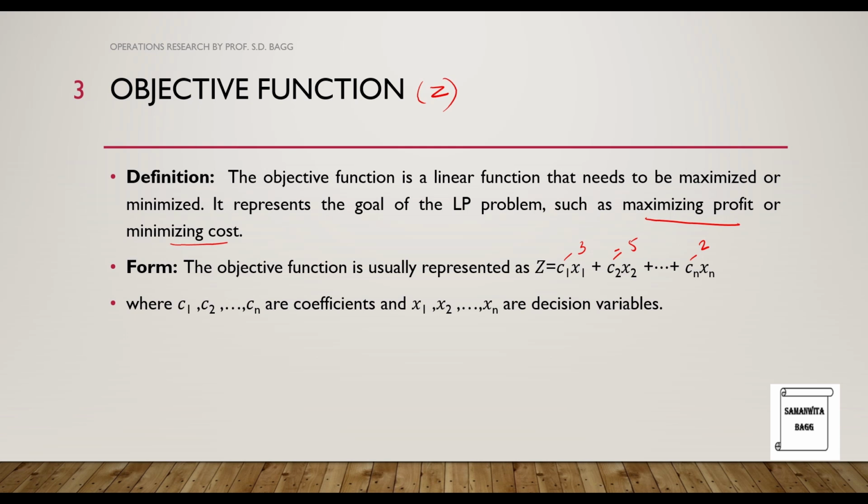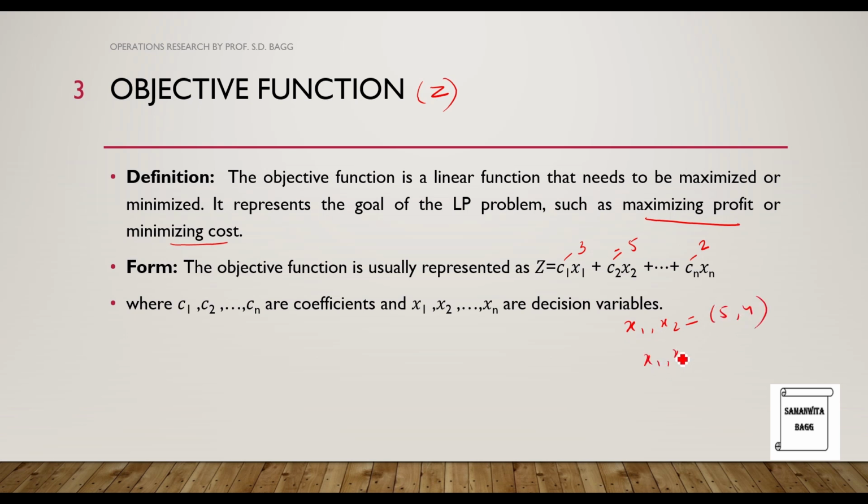If it is a problem of maximization, then we will choose the maximum value of z, and if it is a minimization type of problem, we will choose the minimum value of z. Also, you need to note that we will have various combinations of these decision variables. For example, you can have x1, x2 as a particular number, say 5, 4.